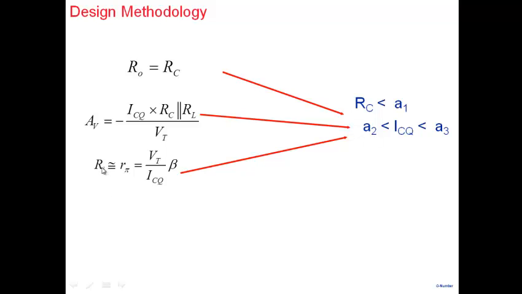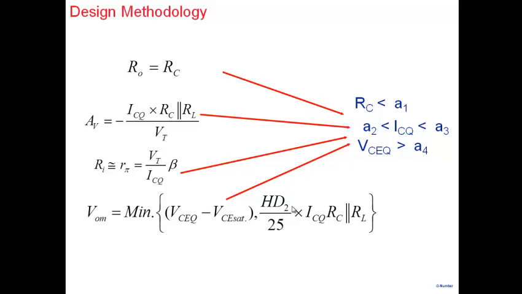If I look at Ri here, you have to make Ri greater than a certain value. This tells you how large ICQ can be. You can't take ICQ above a certain limit because then you will not be able to satisfy the specs. So these two tell you that ICQ has to lie between an upper limit and a lower limit.